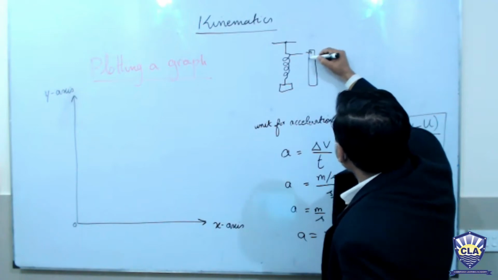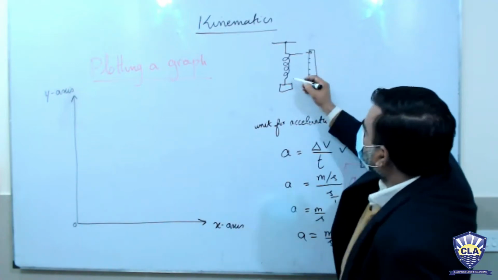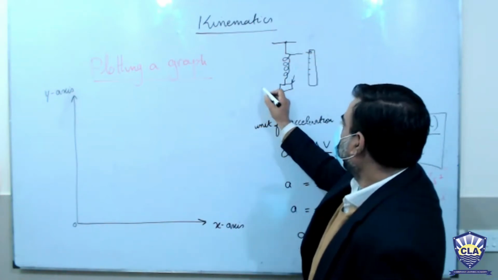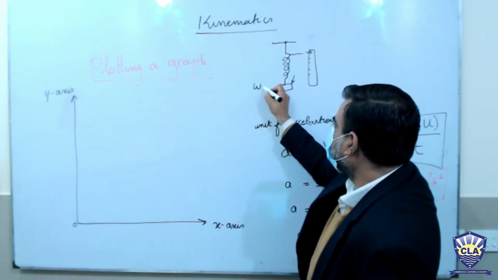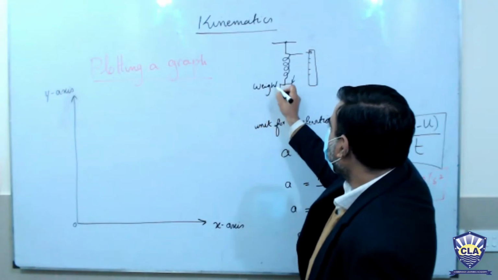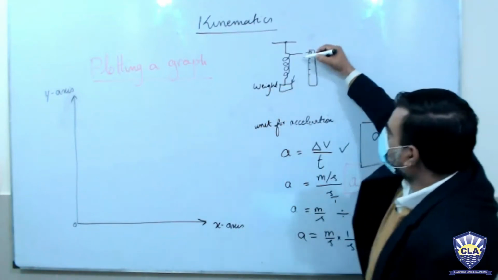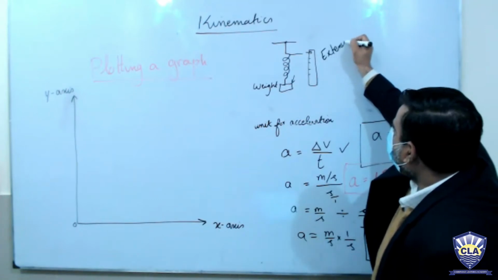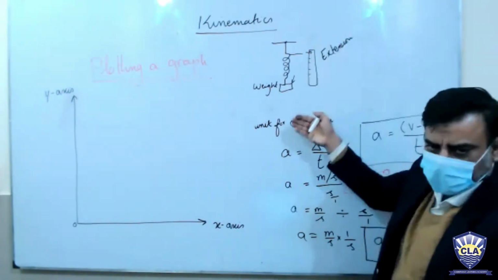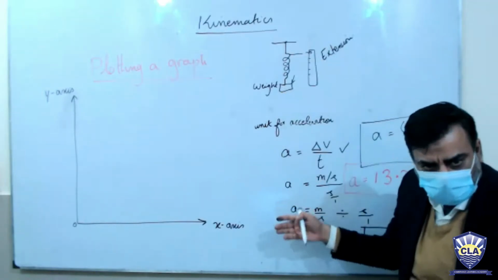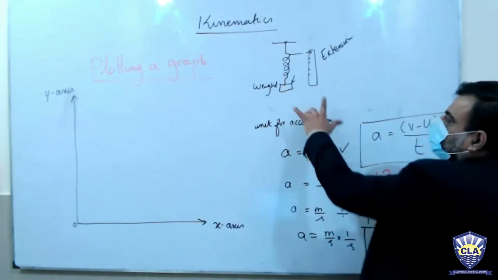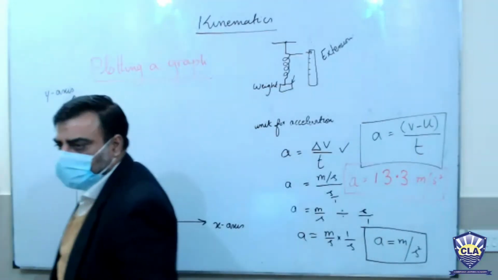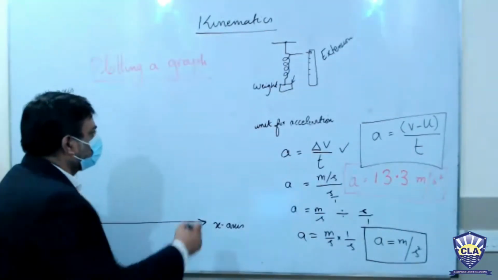Okay, and so on. So we are placing the load or weight in this pen, and this pointer is showing extension. Okay, more weight, it will extend more, right? So what if I have to plot the graph between these two quantities, weight and extension?